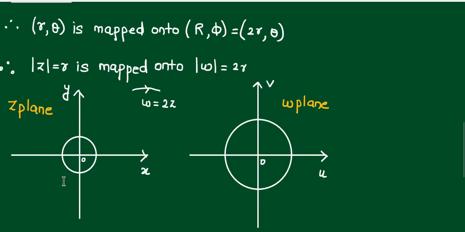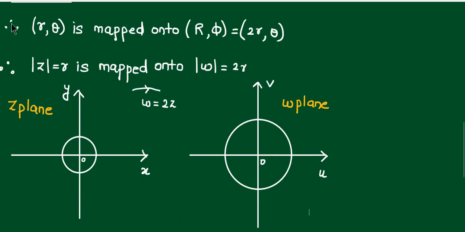Now, this is the radius of a circle, mod z equal to r, and when you are mapping this under this transformation, it becomes twice as big as the z plane circle. It is 2 times radius, but same angle. Here the angle is 0 to 2 pi. So, here also the angle is 0 to 2 pi. Angle remains same, but the radius is twice as big.